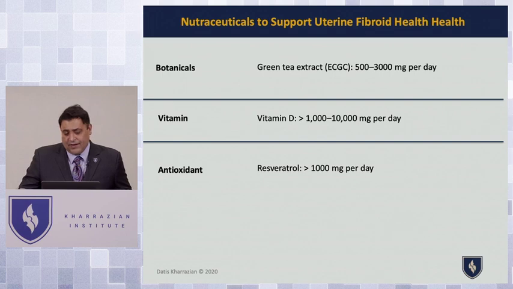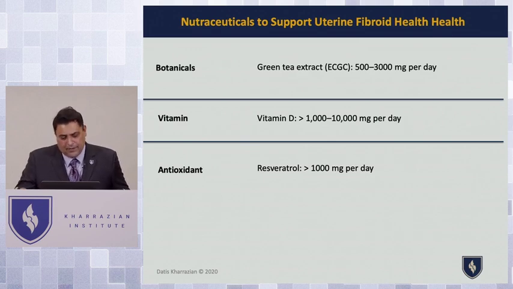But these things are not harmful, and for most people, taking green tea, vitamin D, and resveratrol has lots of antioxidant and health benefits. So if someone's trying to control their fibroid growth, this may be a good option, but you wouldn't expect a patient taking these nutraceuticals to see their fibroid size change. So that's what you need to know about that.